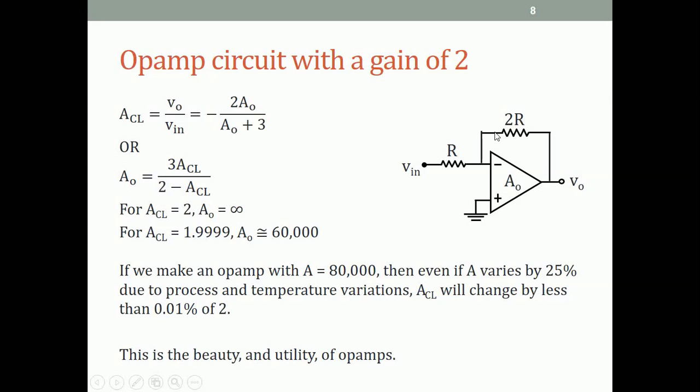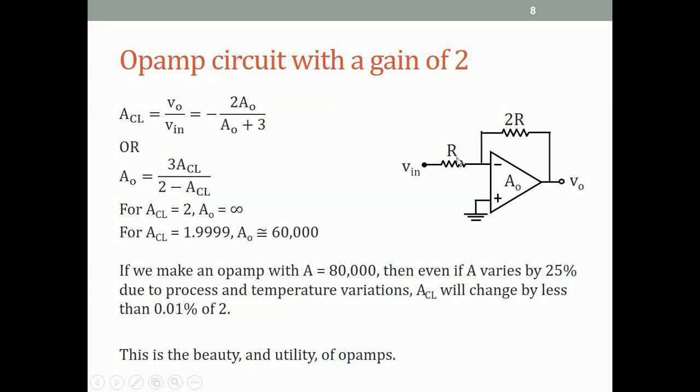Now it turns out that in integrated circuits, when you fabricate resistances, it is very, very difficult to make resistances whose ratio is exactly 2. If I make a resistor of 20 kilo ohm and a resistor of 10 kilo ohm, it is highly unlikely that the ratio will be exactly 2.